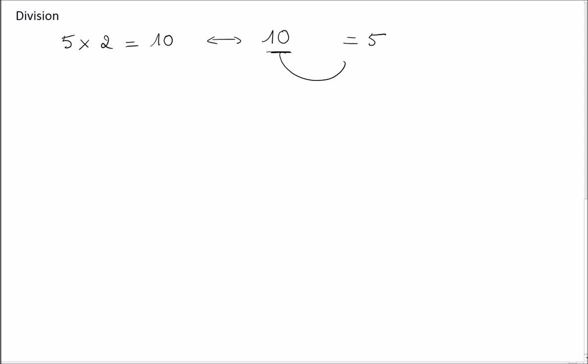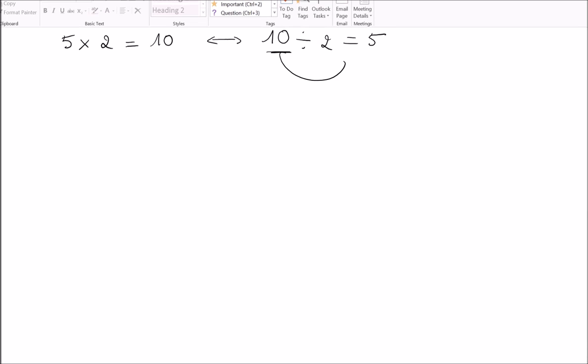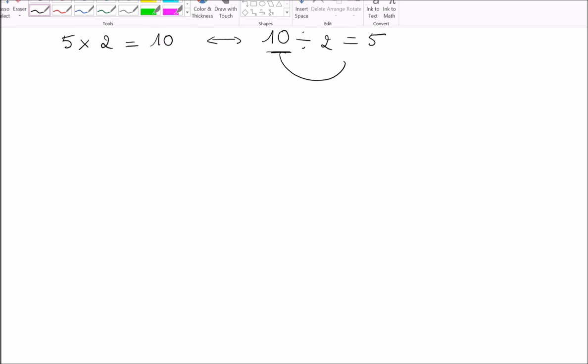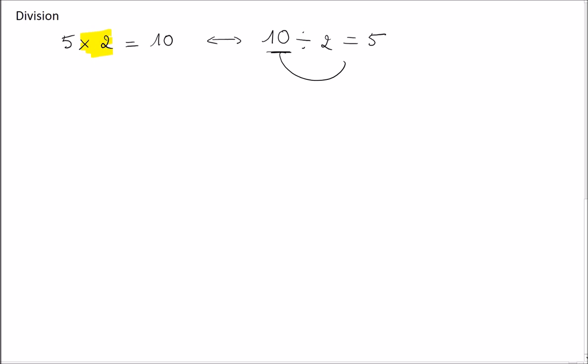How can I make my 10 go back into a 5? Well, I'm simply going to divide by 2. So in order for me to undo my times 2, I am going to divide by 2. That's how I'm going to undo that operation.